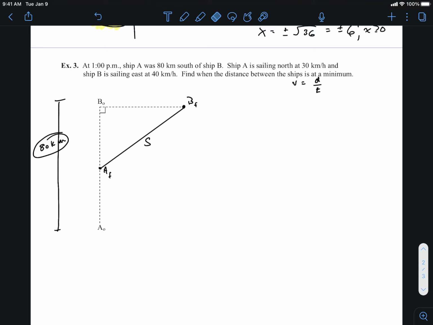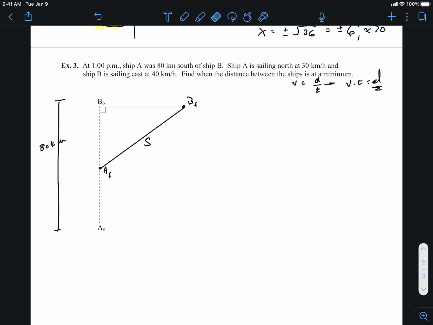And in order to do that, I'm going to want to rearrange this equation to give me V times T equals my distance, because then all my units are going to match up, if I'm talking about dimensional analysis, for instance. In any equation, I want the units on the left side to equal the right side.